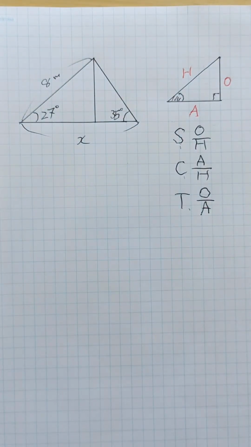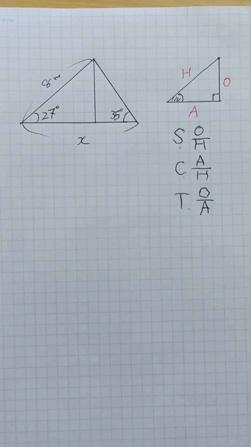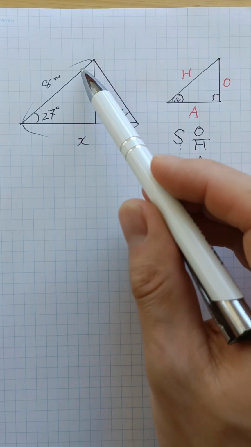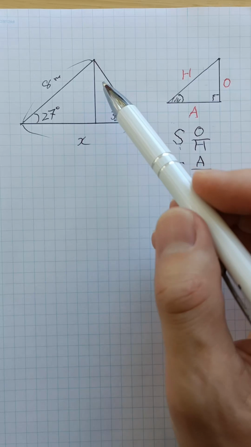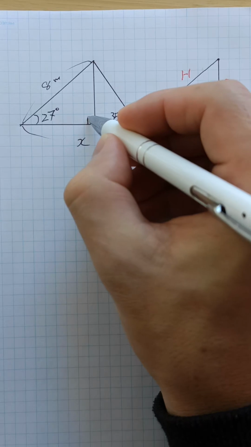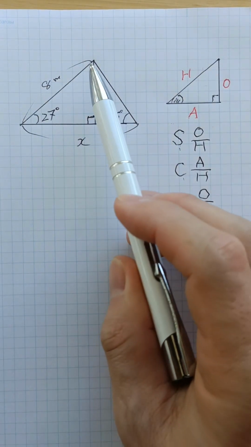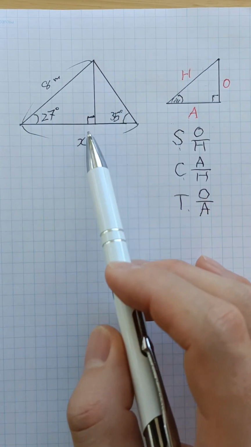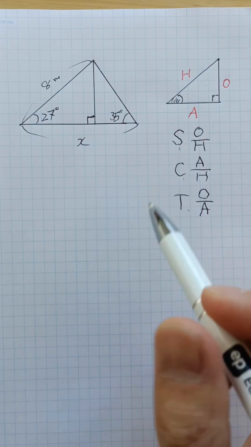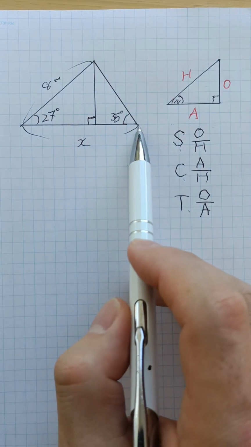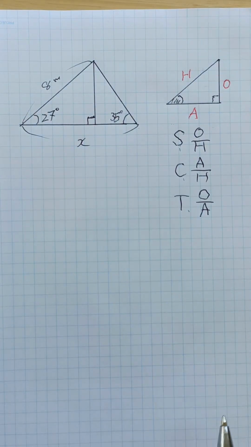Then we are looking at here, okay? We can't find the value of this one straight away because this triangle does not have a 90 degree angle here. So what you have to do is, this one is 90 degrees. So we are going to look at this triangle and this triangle individually, figure out this length and this length individually, and then add them together to get an answer.